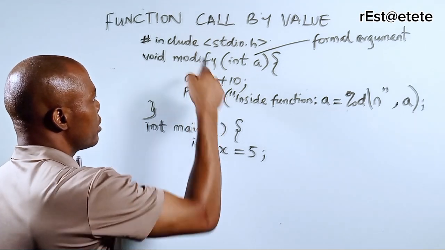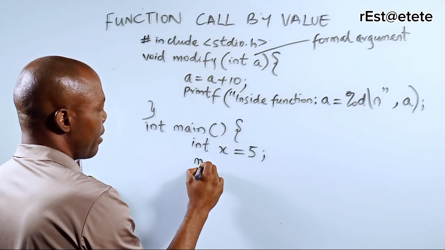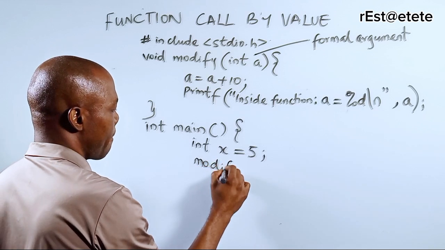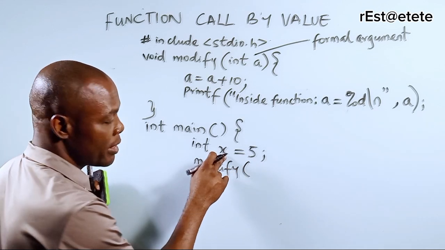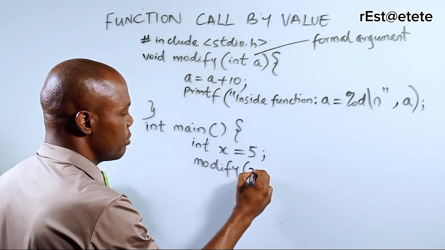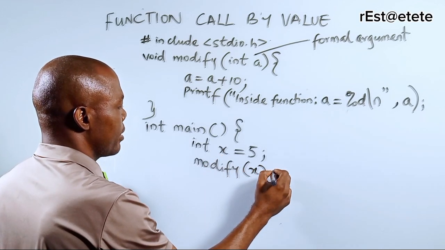Then I'll call this modify. I will say modify, right? And then I will supply this parameter to it, which is what? modify x.